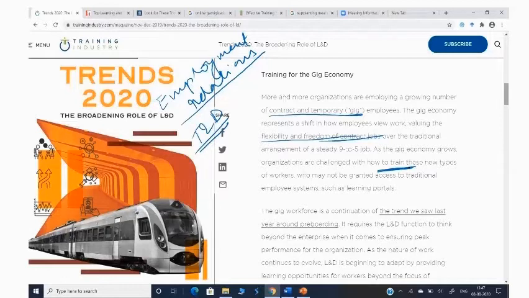Why? Because then you will be providing them training very much focused on their job requirement only, because you are aware that this guy is not going to be promoted. The promotion issues or their career issues are not something the organization is going to look at.